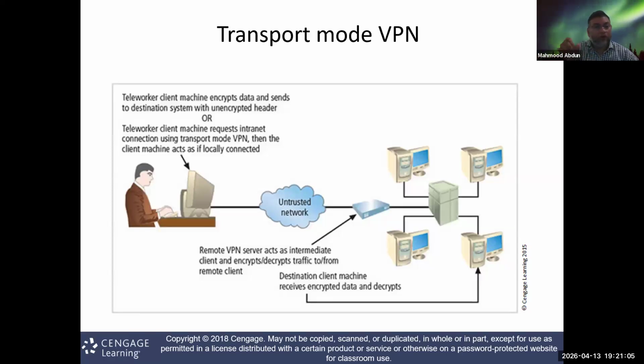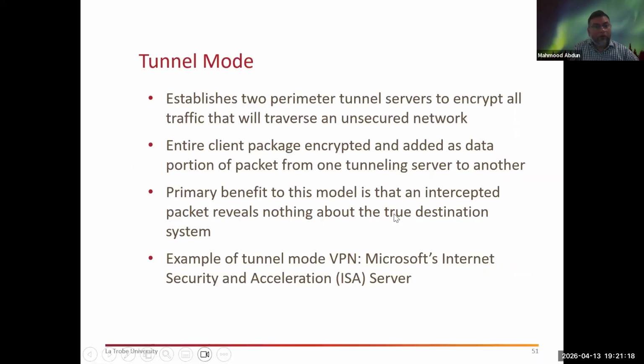The headers, but not the content. The content is encrypted. But this also leaves, for example, some people able to infer what's happening. So in tunnel mode, there are basically two secure VPN endpoints, one externally and one internally.